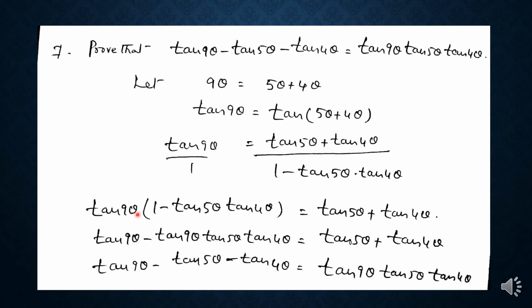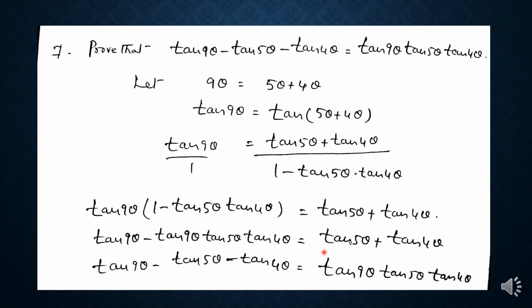So by the cross multiplication, this becomes tan 9 theta into 1 minus tan 5 theta into tan 4 theta is equal to tan 5 theta plus tan 4 theta. Now this can be written as tan 9 theta minus tan 9 theta into tan 5 theta into tan 4 theta is equal to tan 5 theta plus tan 4 theta.